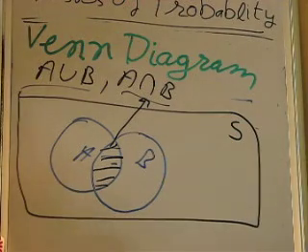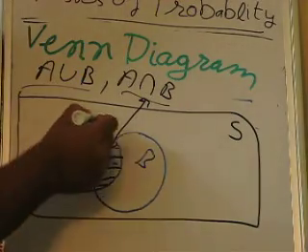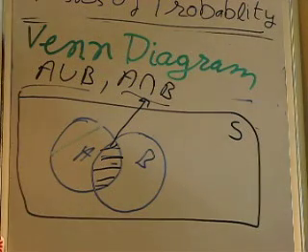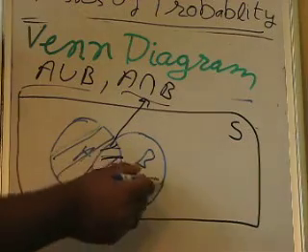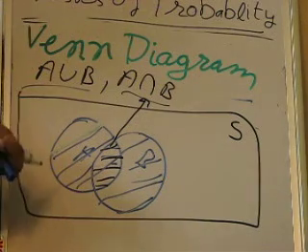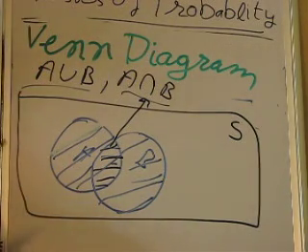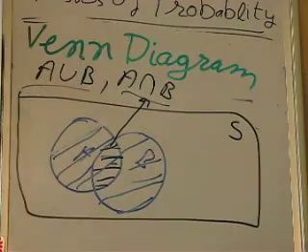Now what is A union B? If you mark it like this with blue lines, all the elements of A plus the elements of B that are not common are defined by A union B. So this is the basic notation of a Venn diagram.